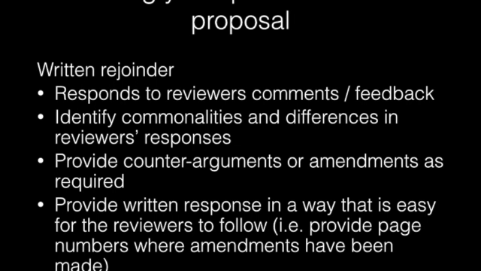When you're writing a rejoinder, make sure that you put it together in a way that's easier for the reviewers to follow. So include things like page numbers where you've made amendments, so that it's quick for the reviewer to go back to your original application and see where changes have been made.